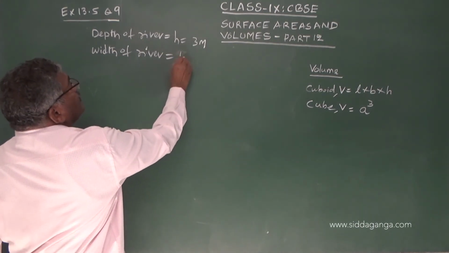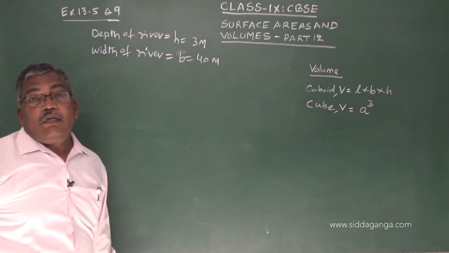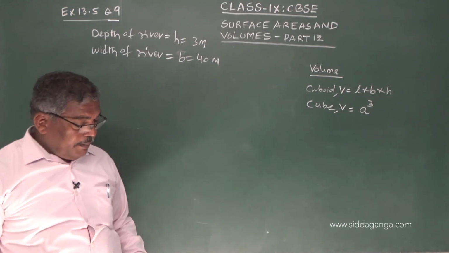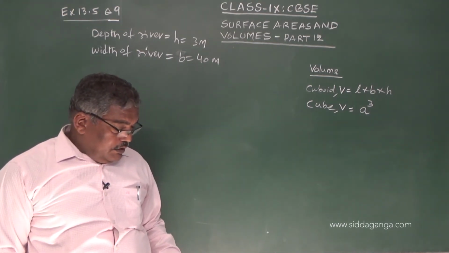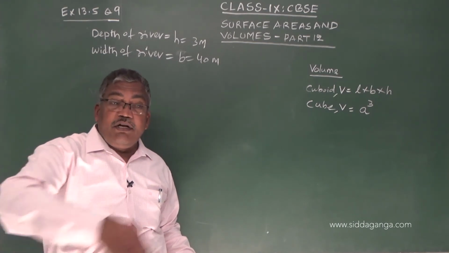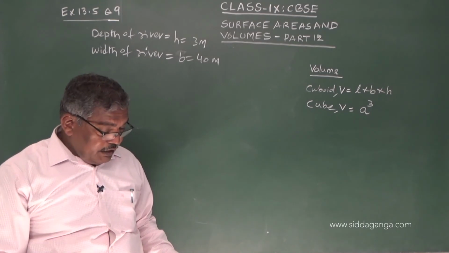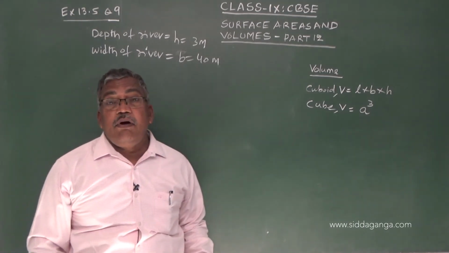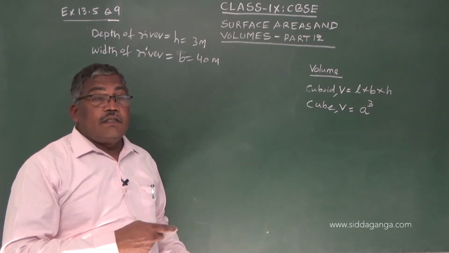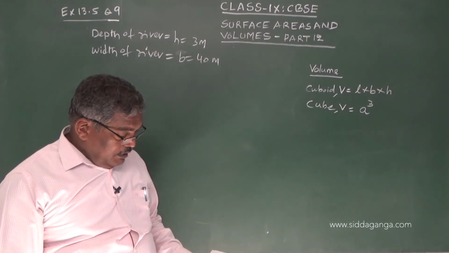We can call it B, 40 meter. Let us understand the problem. A river 3 meter deep and 40 meter wide is flowing at the rate of 2 kilometer per hour.